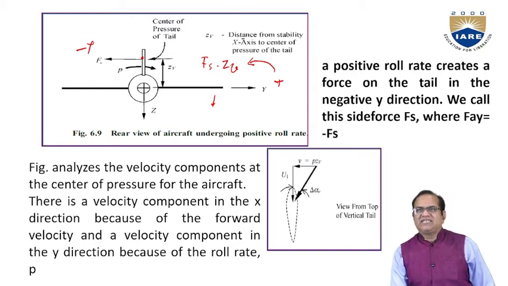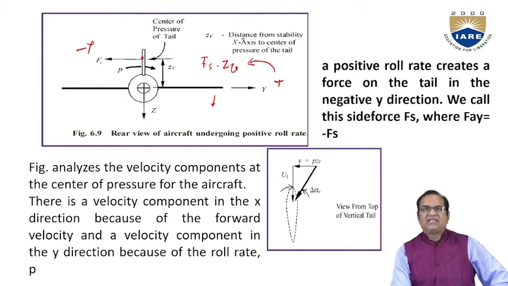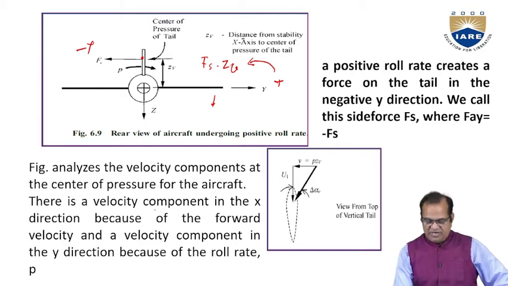If you can see this figure here, it analyzes the velocity component at the center of pressure of the aircraft. There is a velocity component in the x direction because of the forward velocity, and a velocity component in the y direction because of the roll rate p.